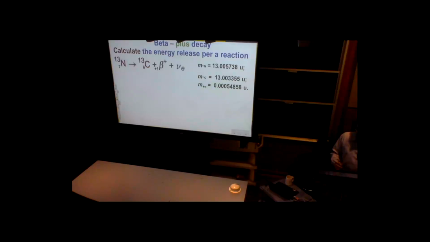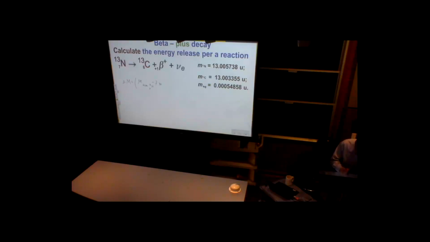Atomic. That's it. So, delta M, I'm going to do delta M directly. That's supposed to be the atomic mass minus atomic mass of this element minus total mass of electrons orbiting.